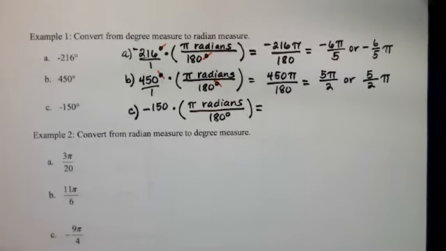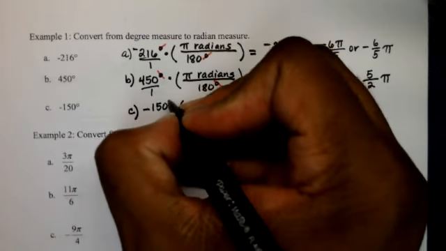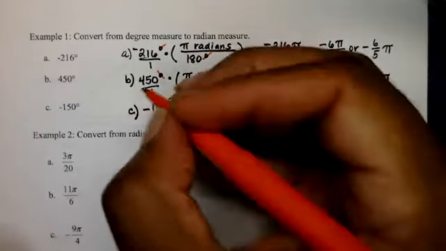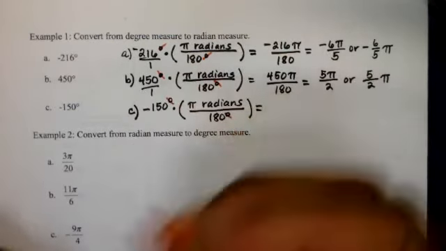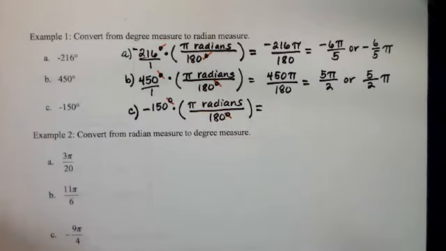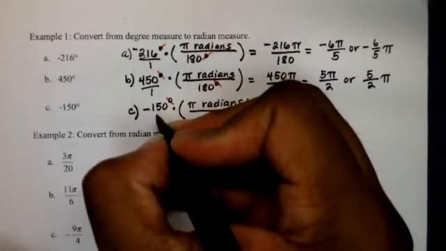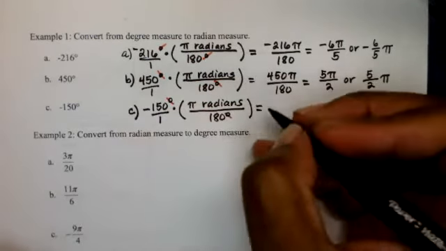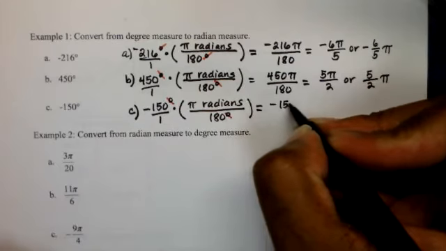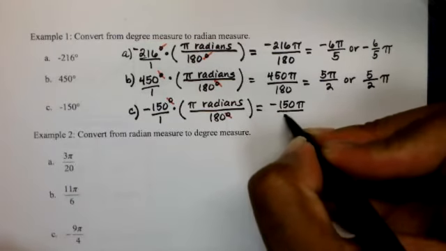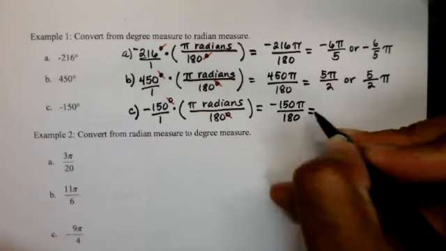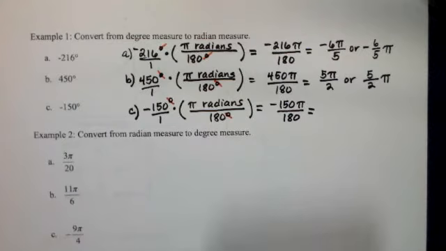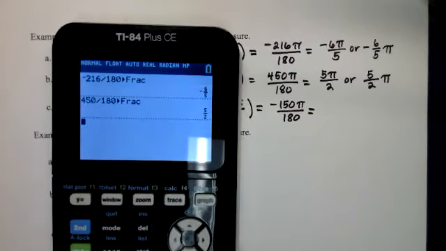Then that's equal to, in this case here, let me put that degree symbol there. You're going to see those degrees divide out. So now negative 150 will be negative 150 over 1. So that will be negative 150 pi over 180. And then I'm going to try to use my calculator to reduce negative 150 over 180 in simplest form.